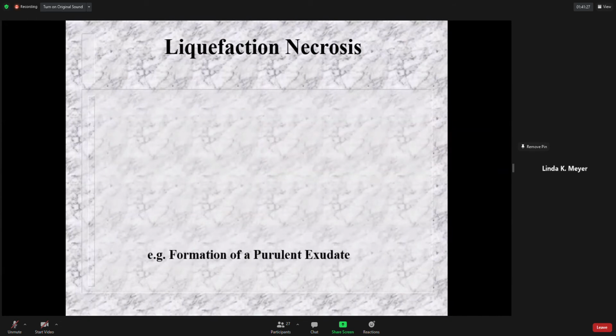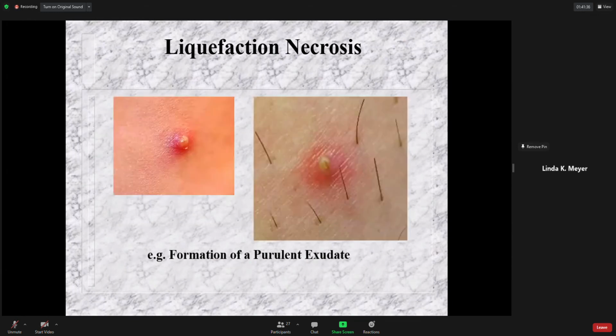Some more common types of liquefaction necrosis are just when you have pus form. Purulent exudate means pus. And why is this classified as necrosis?